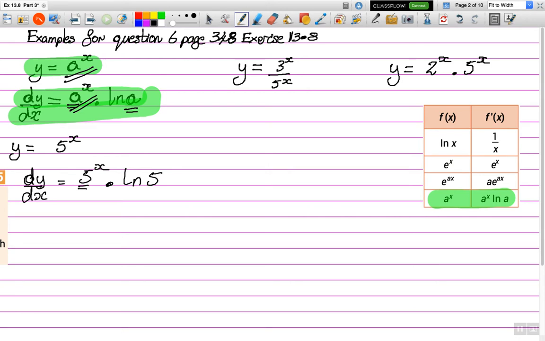This second example, in actual fact, is a trick question. You can use your laws of indices to rewrite it, so you end up with 3 over 5 in brackets to the power of x. Now you can use the same formula again.